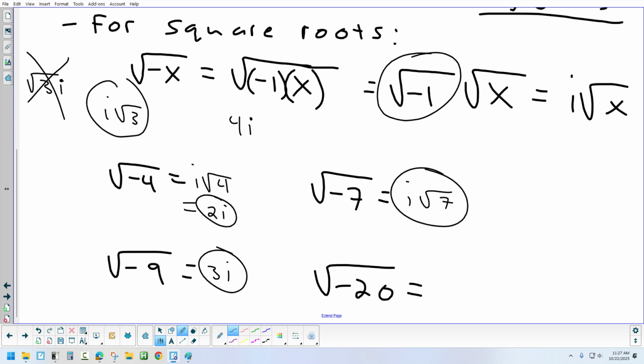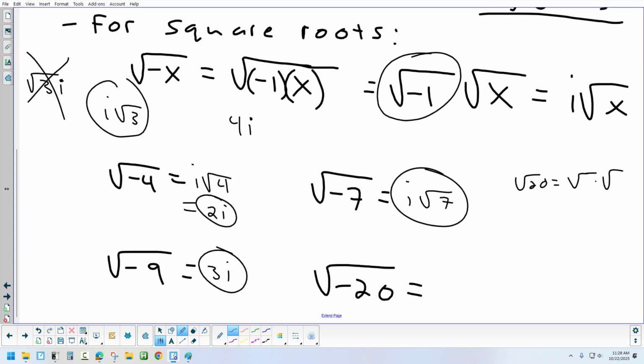And what about the square root of -20? You do it just like you would the square root of 20, so you do have to break that down, but it's going to have an i in it. Yeah, 5i square root of 20? So how did you break down, let's start with, if you just had square root of 20, how would you break that up into two square roots?